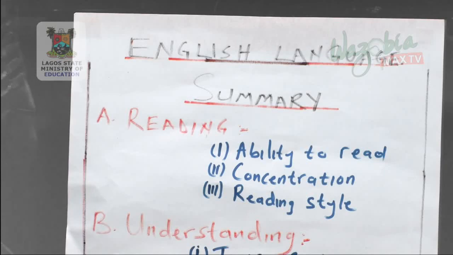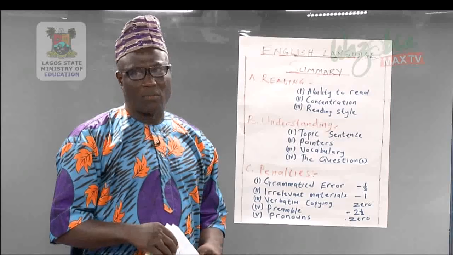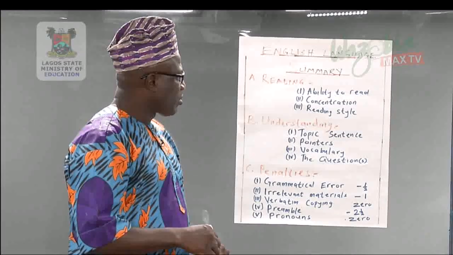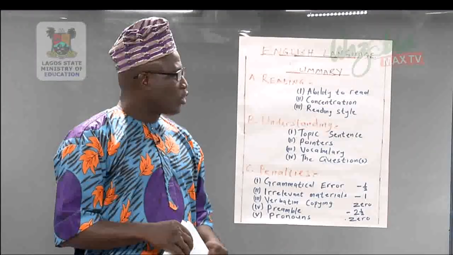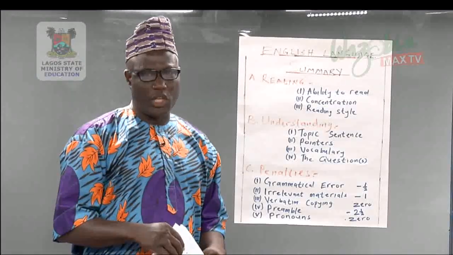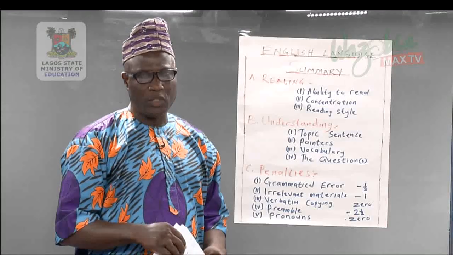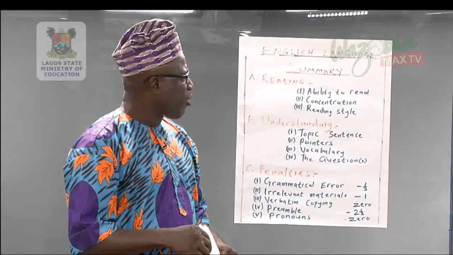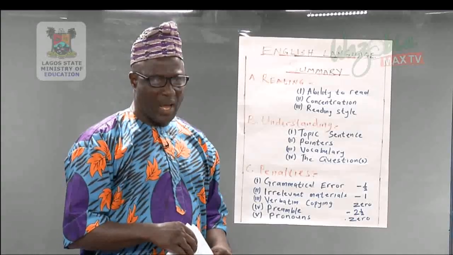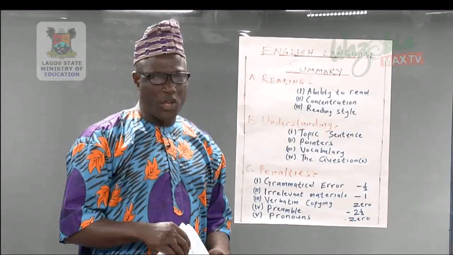Now, as a candidate, what are those you are supposed to do to be able to read very well? You need to concentrate in your reading. Concentration means you must avoid any form of distraction, either within yourself or around you.